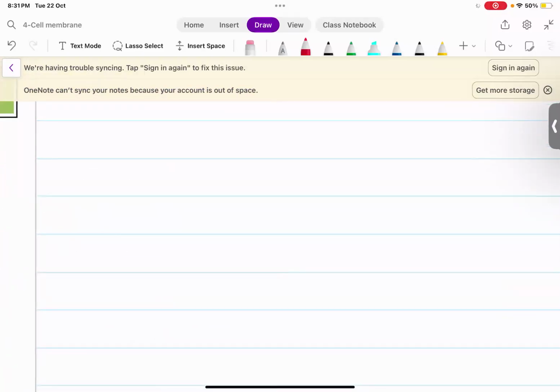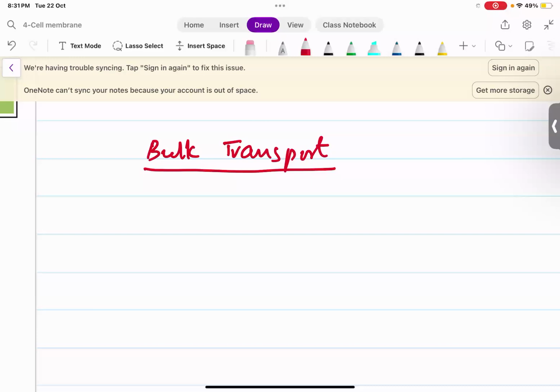Now we have a bulk transport. As we discussed in the passive and active transport, the movement of individual ions is not influenced by the movement of other molecules or ions in the medium.